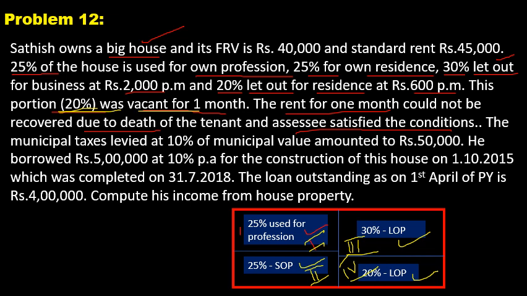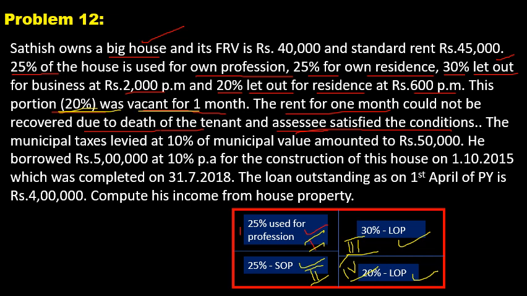Unrealized rent means the rent which could not be realized by SSC due to some reasons. So here the reason is the death of the tenant. And you can consider the unrealized rent if SSC satisfied the conditions. So here SSC satisfied the conditions. There are a lot of conditions related to unrealized rent which I have explained in the beginning itself.